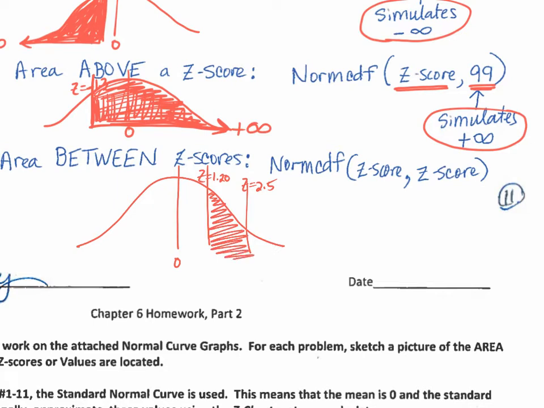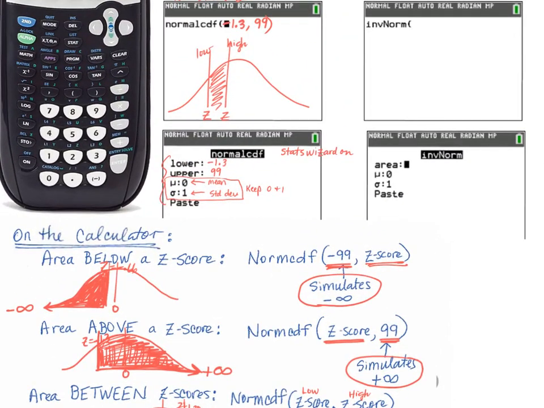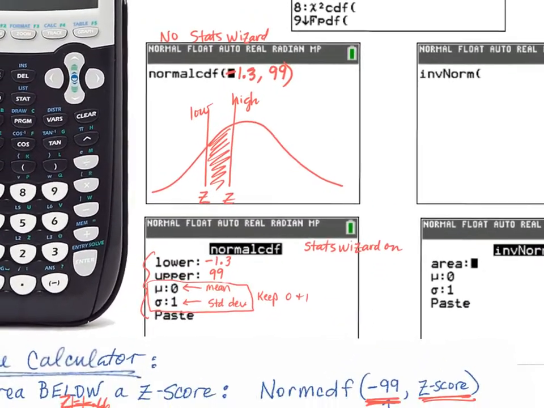So your low z is 1.2. You're going to do your NormCDF of your low z up to your NormCDF of your high z. That's going to give you that area in between those two z-scores. On your calculators, it will look like this.